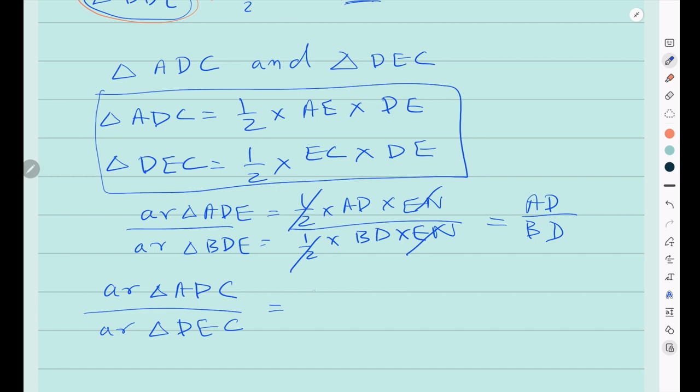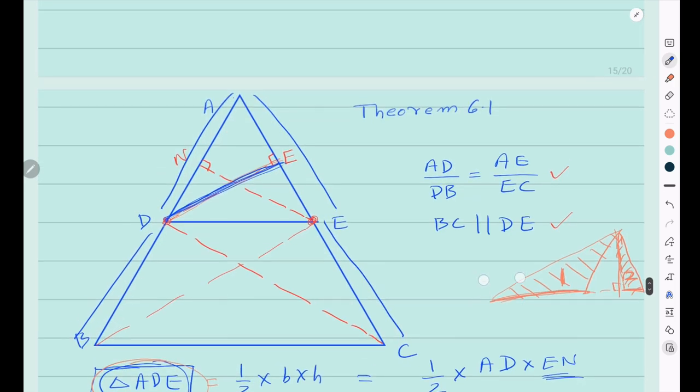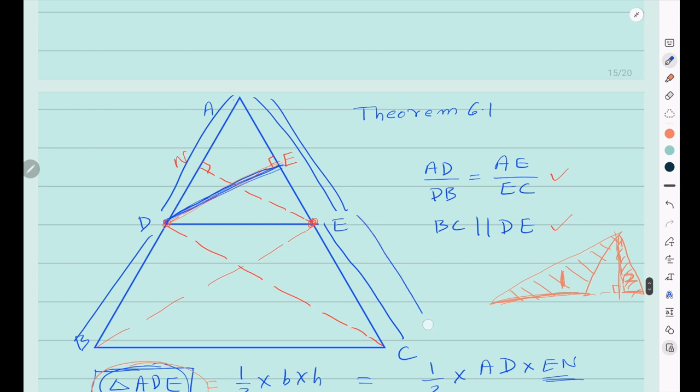Okay, similarly, let me just write it down, otherwise let us go one by one and not go very fast. So DE will be cut and half will also be cut. So this will be AE divided by EC. Okay, and AE divided by EC, what is that in our figure? AE divided by CE.